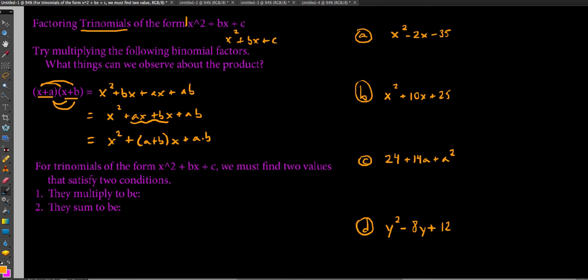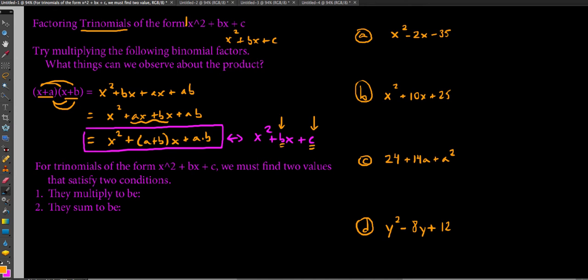And so what can we observe about this product here, this trinomial here, x squared plus (a plus b)x plus ab, in comparison to this essential setup that we had up top, x squared plus bx plus c? What I want to do is look at these two values here: the coefficient of our x in the middle term and then our constant term here.